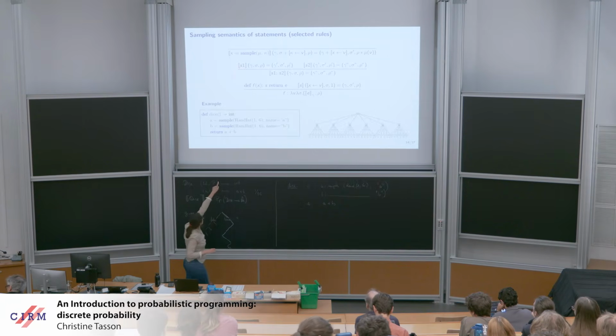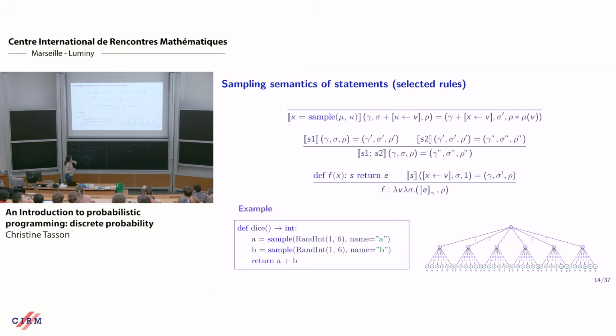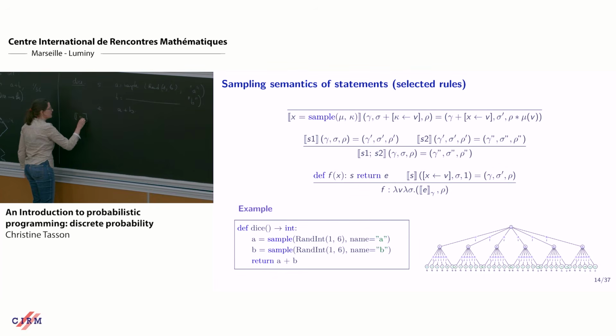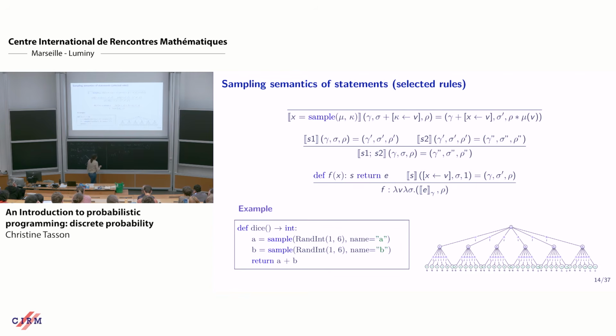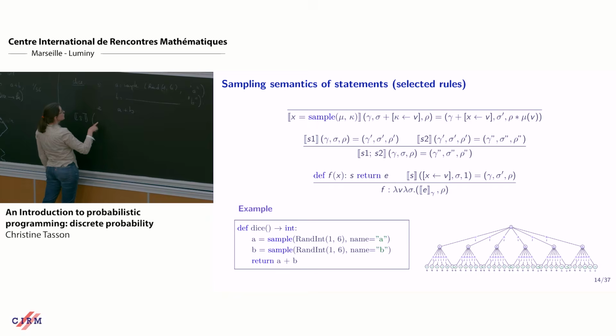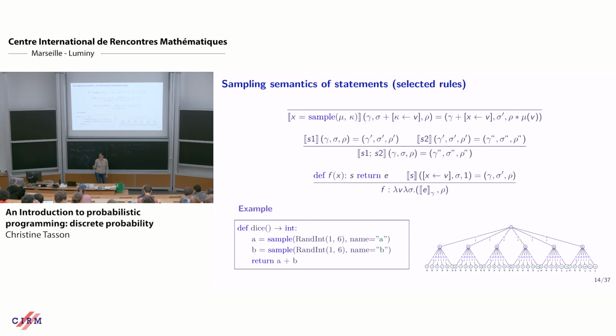To associate this function, lambda v, lambda sigma, and so on, I first need to evaluate the sampling semantics of my statement, starting with, to x, I associate a value v. Well, this program doesn't take any parameter. So to no parameter, I associate the unit.